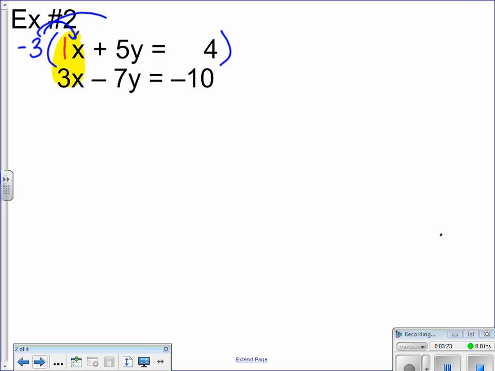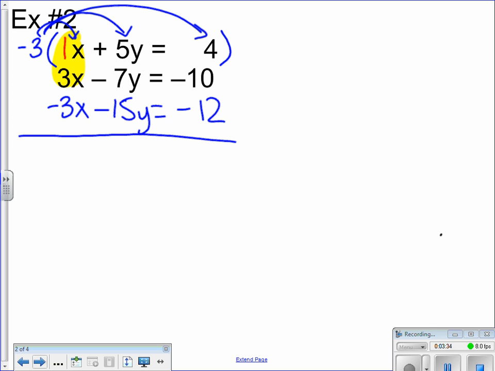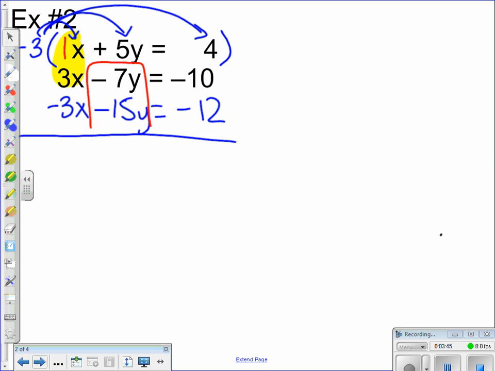So do the distributive property for the entire equation. Negative 3x minus 15y equals negative 12. Now it's time to cross out the x's.